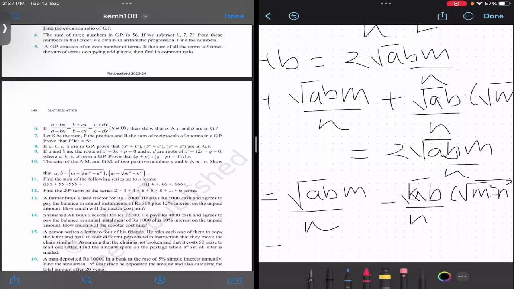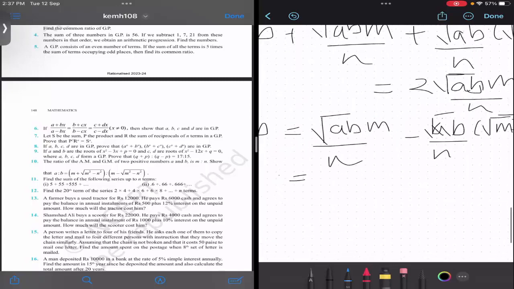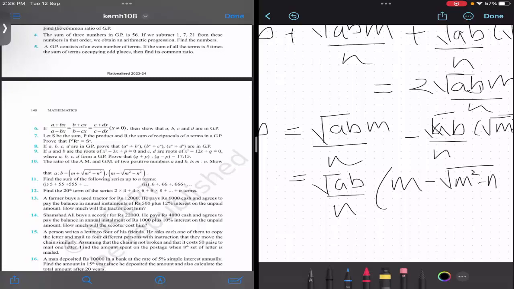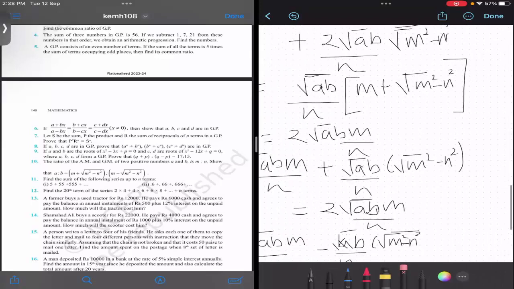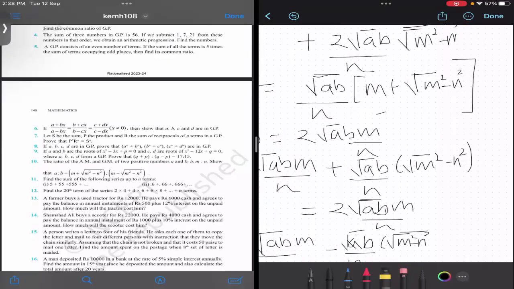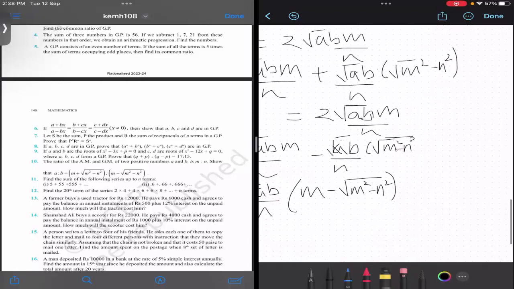Taking root AB upon N common, you would have B equals root AB upon N in the brackets, M minus under root M square minus N square. You now have the value of A as it is expressed right here, and below you have the value of B.